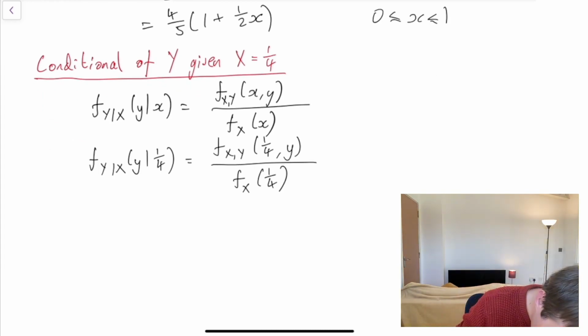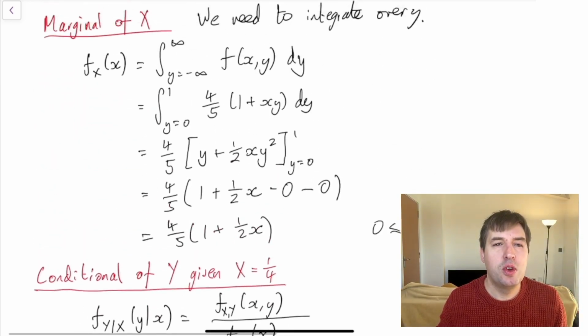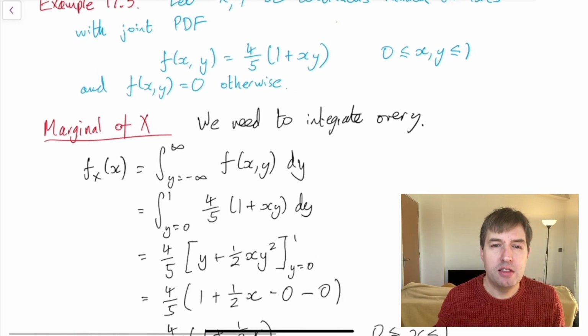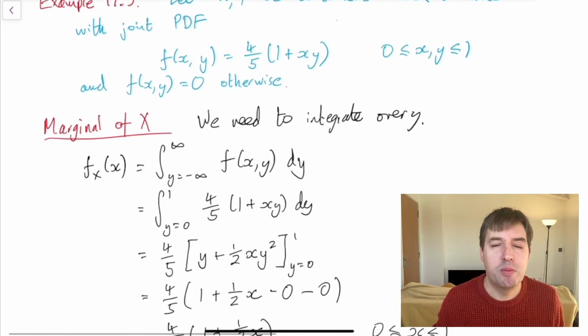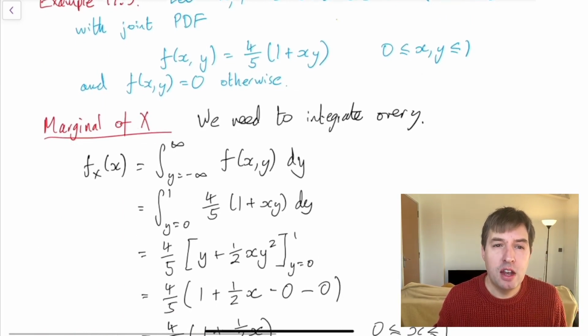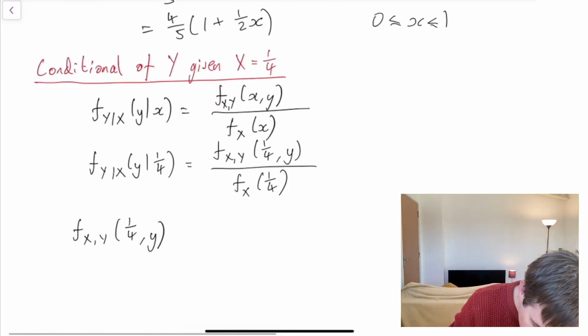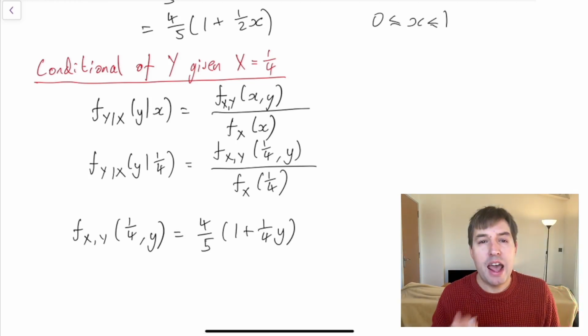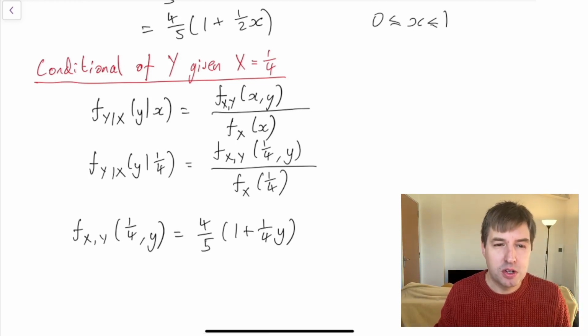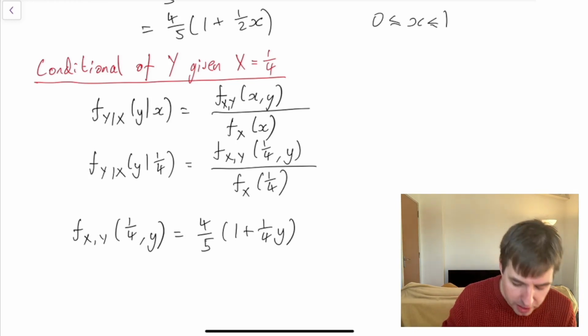For f xy of 1/4, y, we just have to read our joint probability density function from up here, 4/5 (1 plus xy), and we have to put in x equals a quarter. So that will be 4/5 of (1 plus a quarter y), because that's 1 plus xy, but with x equals a quarter.